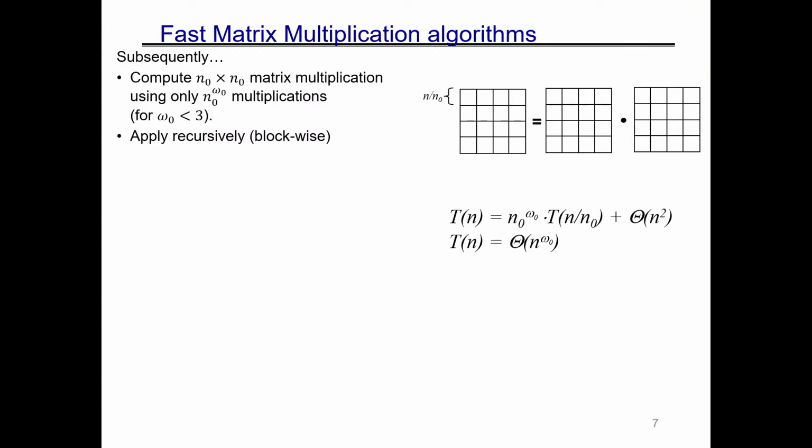Once Strassen had that, everyone realized that if you can multiply two matrices of some size n0 by n0 using only n0 to the omega 0 multiplications, regardless of the number of linear operations, you can obtain recursively an algorithm with n to the omega 0 arithmetic cost, order of that.